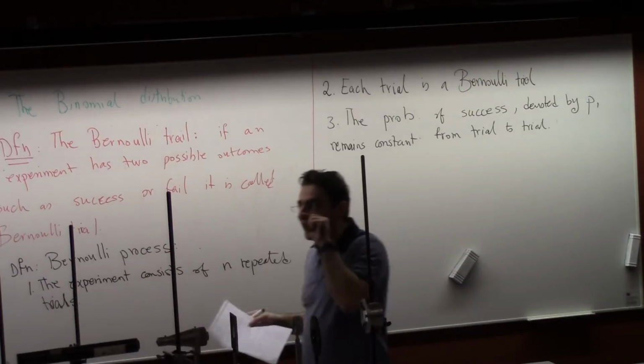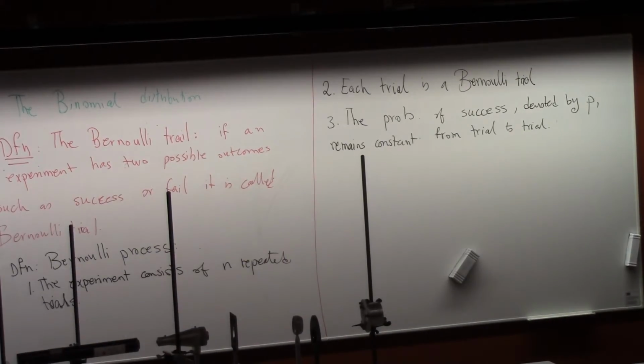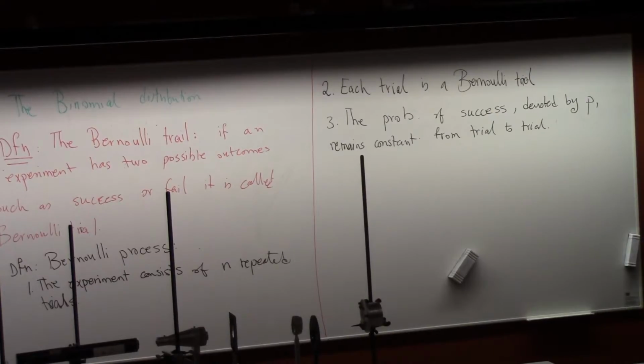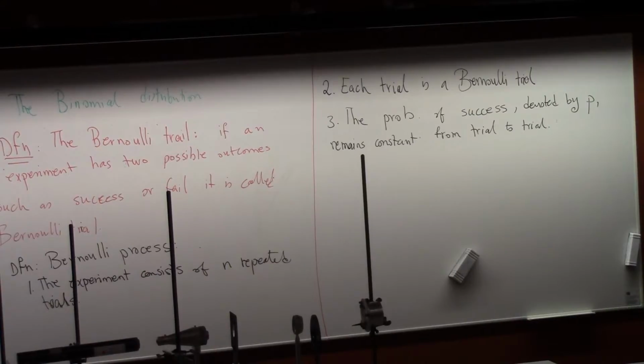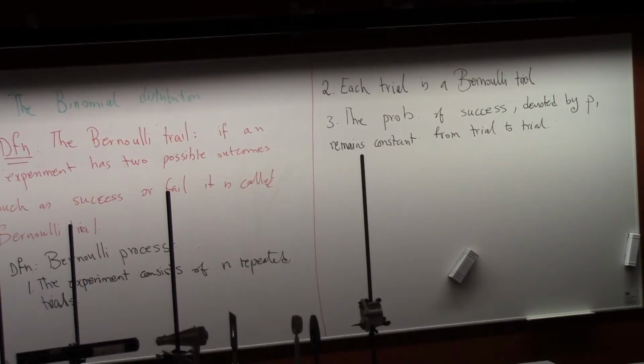So it means that if in trial 1 the probability of success is P, when we go to trial 2 and repeat this process, the probability of success is still P.